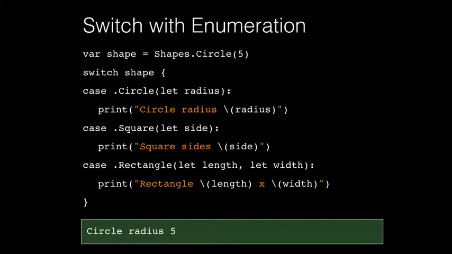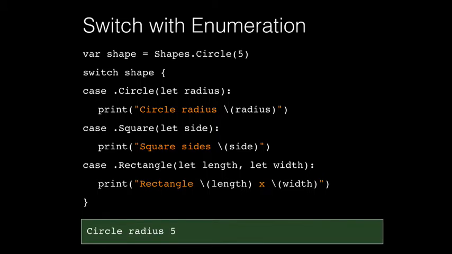Okay, this shows us how to get at the associated values within an enum, within a switch statement. So we switch on shape, and then this is another example of decomposing the associated values so that within the case entry you have access to that. Otherwise you can't really get at it.